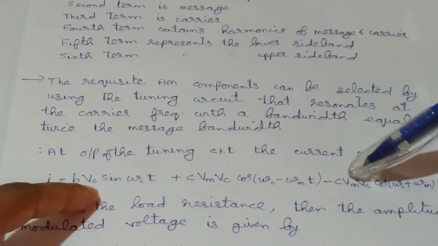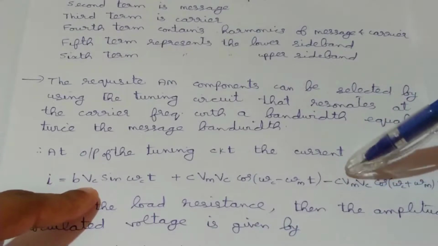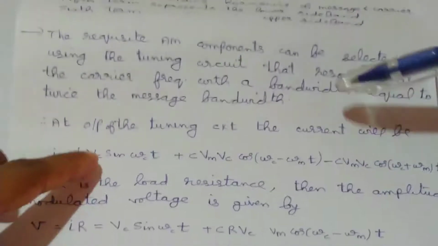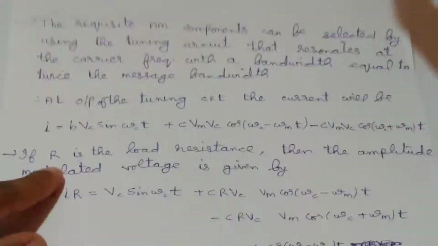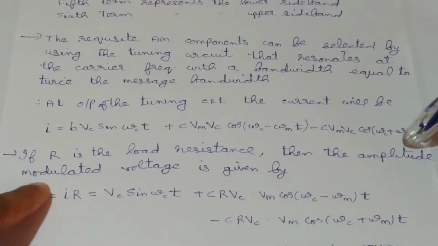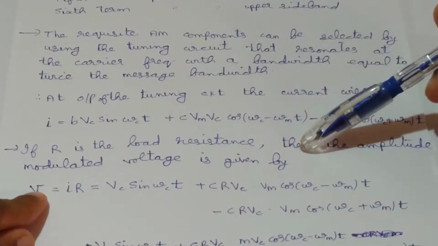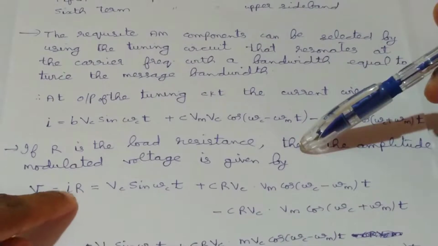Then we can convert that current I to our required voltage by passing it through resistance R, which is our load resistance. Okay, so if R is the load resistance, then the amplitude modulated voltage is given by V equal to I into R, current into resistance.